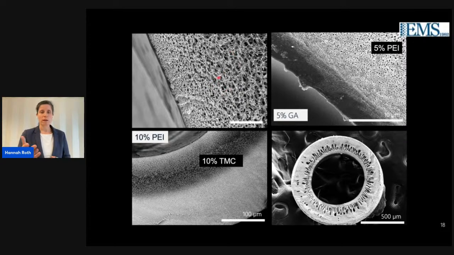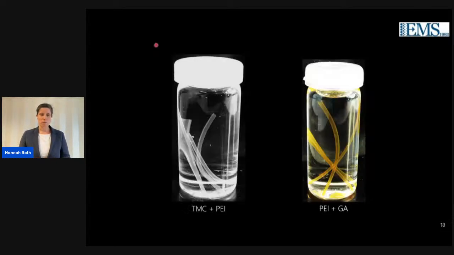So this is still soluble in the solvent, while the cross-linked structure is not anymore. So you see here very well the cross-linked polyethylene imine with the TMC, and the glutaraldehyde cross-linked separation layer even has a nice red color on the inside.